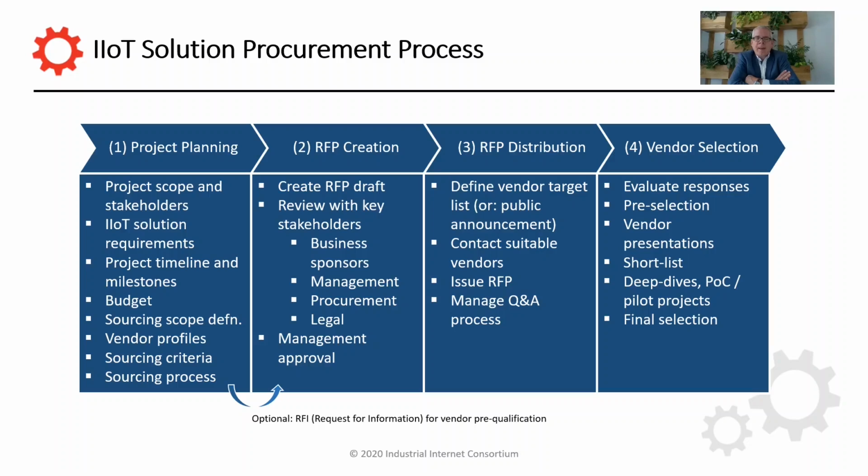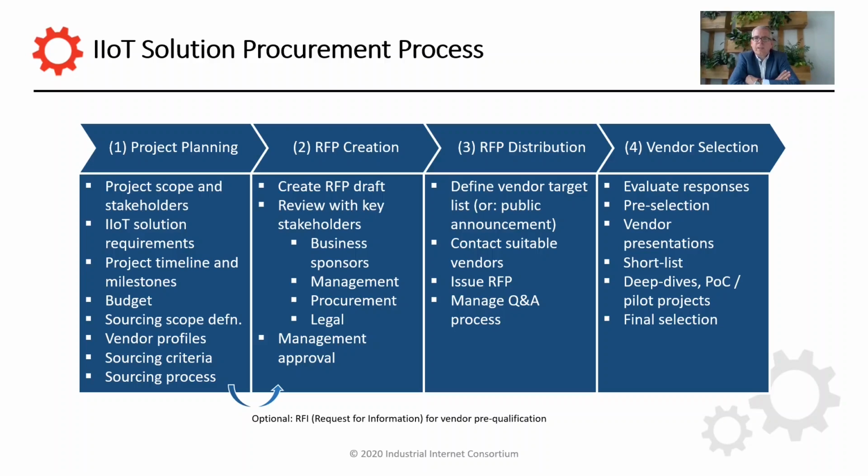And then based on the inputs that you're getting for your RFP, we have the last phase, the vendor selection process, where you evaluate the responses to the RFP. You do typically some kind of vendor pre-selection. You have the most likely candidates present to you.